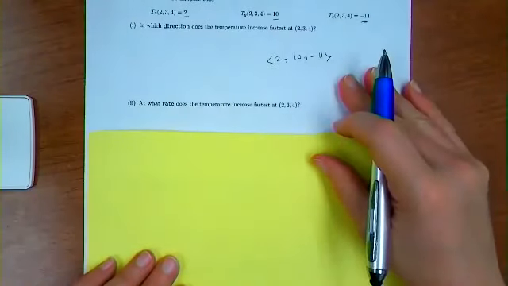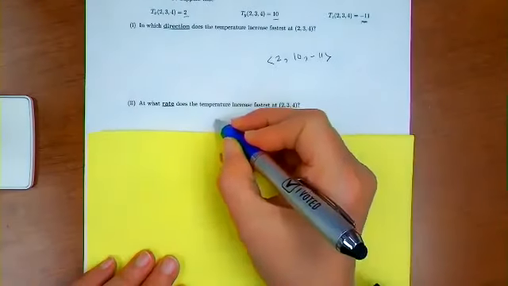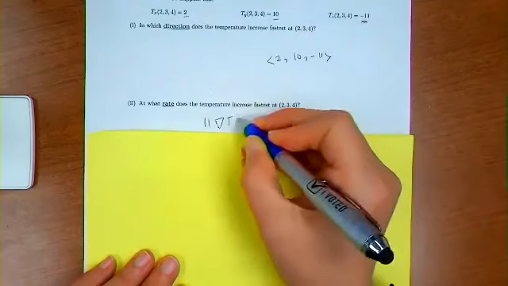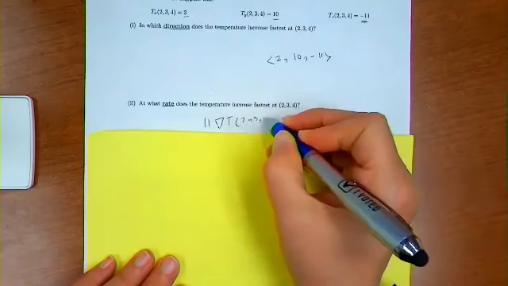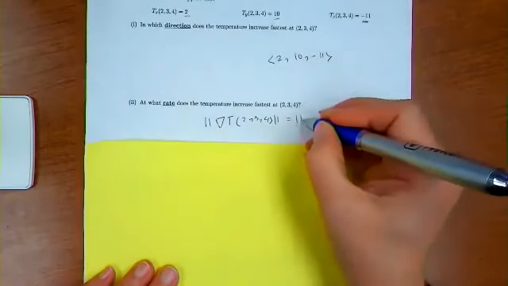And the rate of fastest increase is going to be equal to the magnitude of the gradient of T at that point. And that, we computed, was 15.